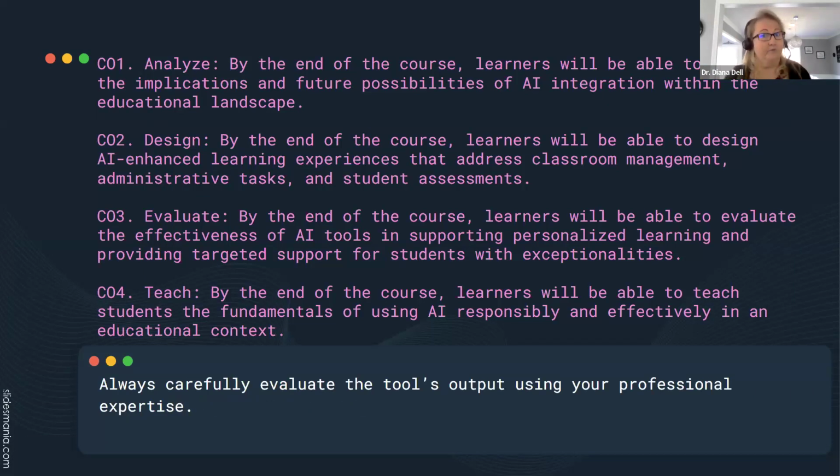You can see they're very well formed course objectives. Pay close attention to number 4. Teach: by the end of the course, learners will be able to teach students the fundamentals of using AI responsibly and effectively in an educational context. We're going to come back to that when I show you the next tool.